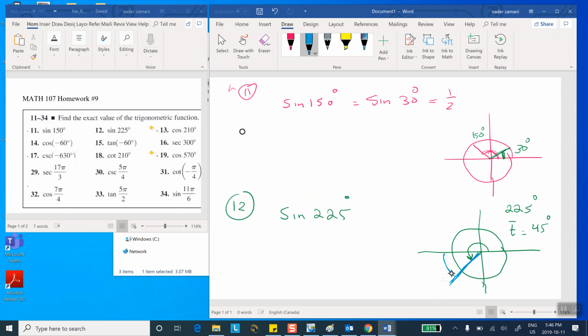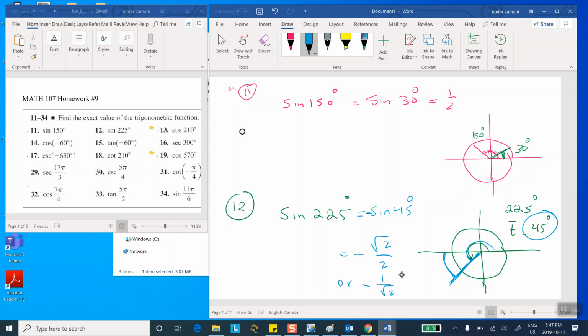So it's this angle that is 45, but the reference angle is between 0 and 90, so positive, and that's going to be sine of 45, except that because the angle we're looking at is down here, it's got a negative sign of the reference angle. Okay, so this is going to be minus root 2 over 2 or minus 1 over root 2.